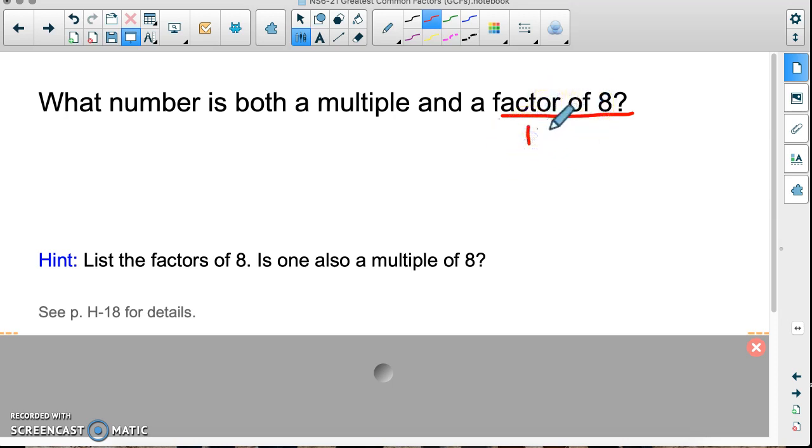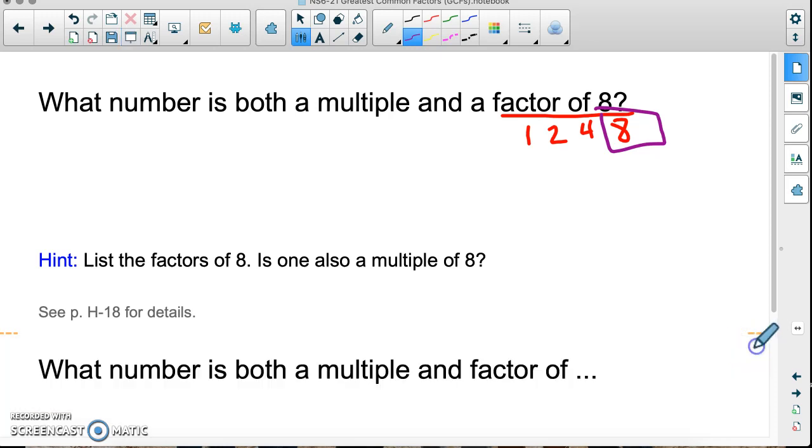So 1, we could do 2 times 4, and then 8 itself. Those would be the factors of 8. And then you're going to choose the one that's also the multiple of 8. So if we skip count by 8s, the only multiple of 8 that we have here is 8 itself, because if I skip count, I'm going to say 0, 8, 16. So is 1 also a multiple of 8?